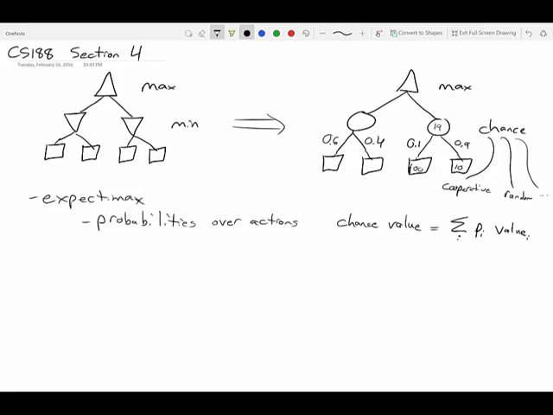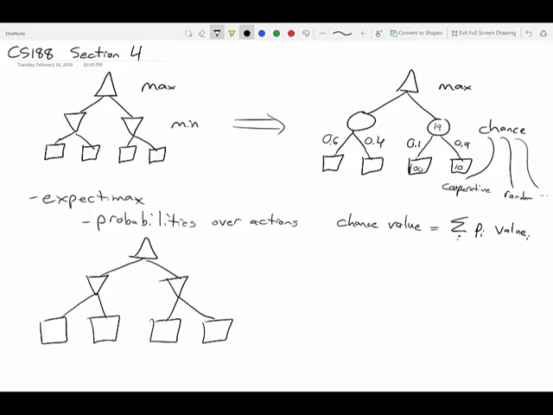Okay, so now we know how to run Expectimax search, because we know how to calculate the values at the chance nodes, and we already know what to do for max. So when is this good, and why would we ever want to use Expectimax search over Minimax search? I'm going to create a game with a max player and a min player, and it ends at some terminal values.